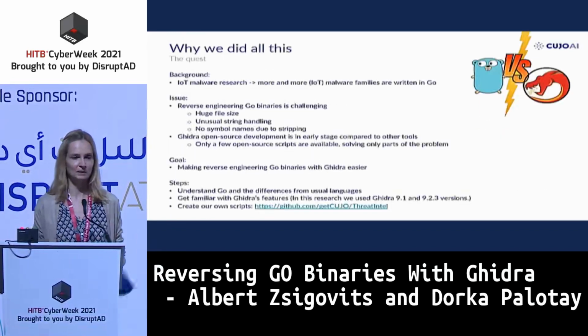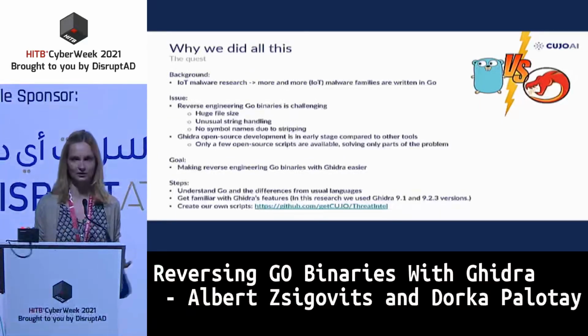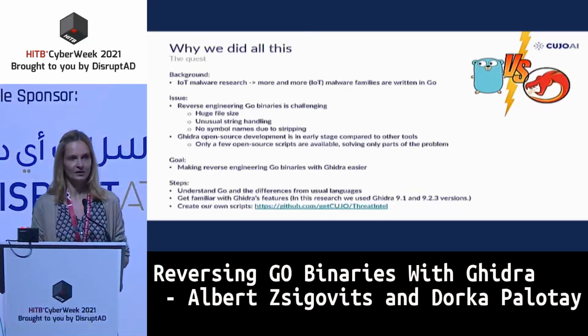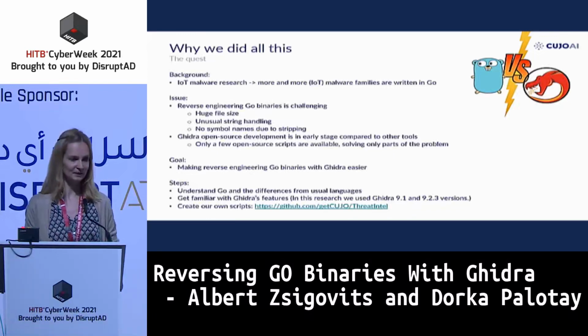So a few words about why we did this whole research, how this whole thing started. At Cujo AI, our team is focusing on IoT malware research, analyzing botnets and different IoT malware families. And we realized that we see more and more samples written in Go, not just IoT malware, but malware in general.